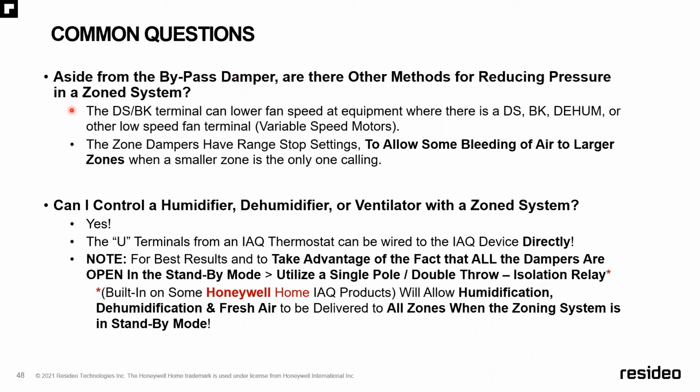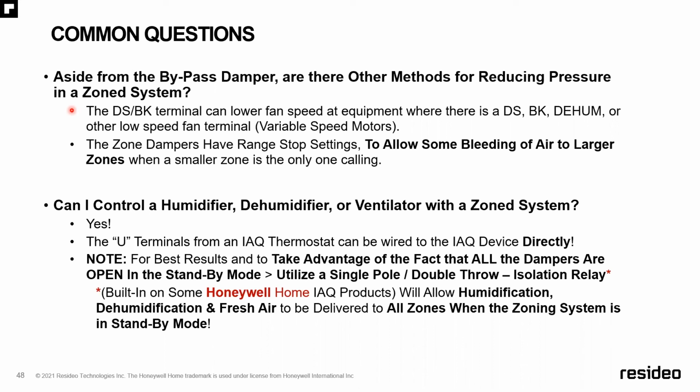And with most OEM pieces of equipment that have variable speed blower motors, when you remove the 24 volts, it typically will slow down to about 65 or 70% of the normal CFM. And so when only one zone's calling, to have that automatically slow down is a big benefit.